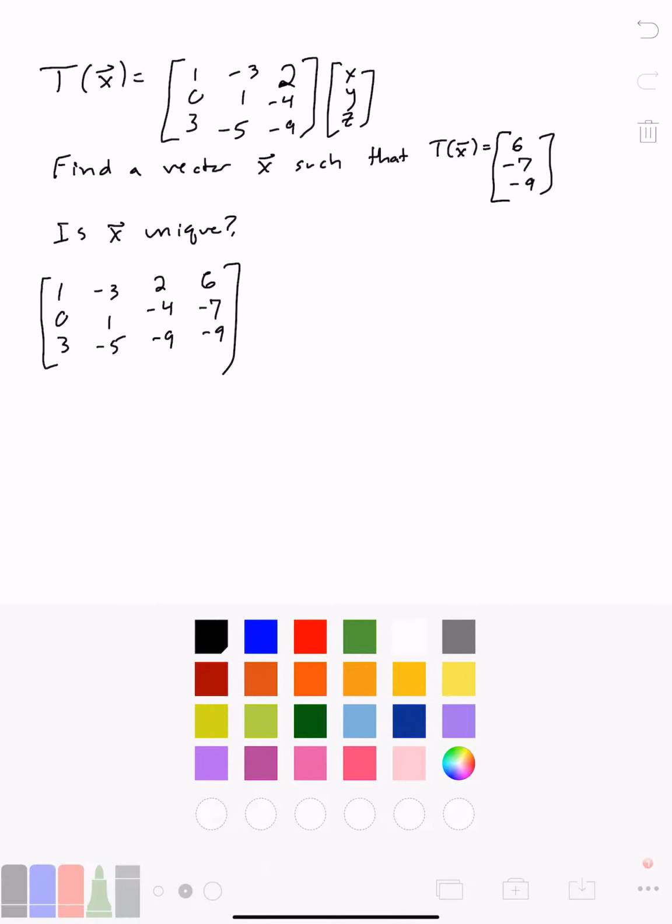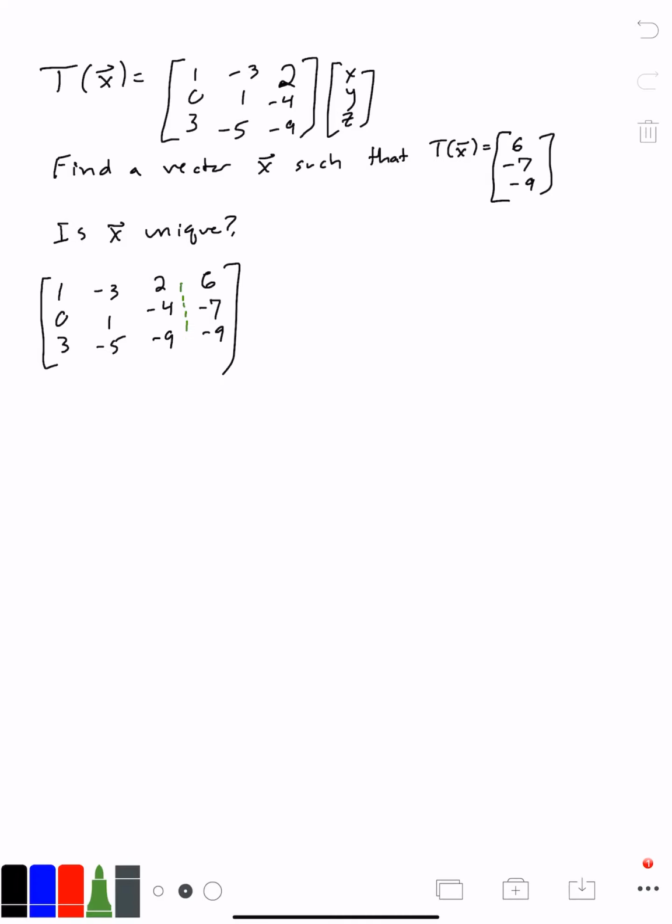All right, so this is our augmented matrix here. And we do our row operations, and we save time using our calculator here. And so we put that in, and we'll see what we get here. So I'll type all this stuff into the calculator.